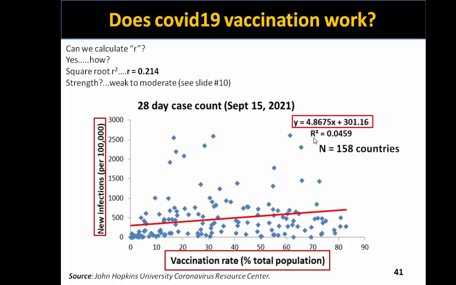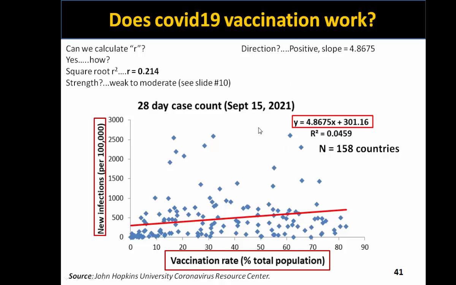0.214. Now, the strength here is considered to be weak to moderate, and I would refer you back to slide number 10 with our discussion on the various ranges to qualify certain PPMC values to their relationship strength. So the first thing we take a look at here in this equation is the direction.